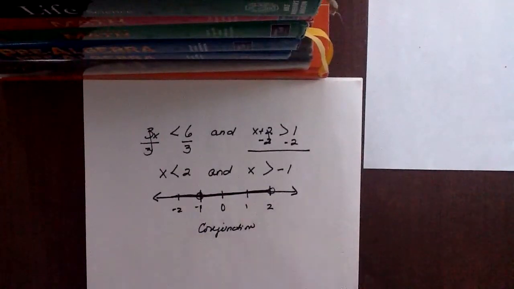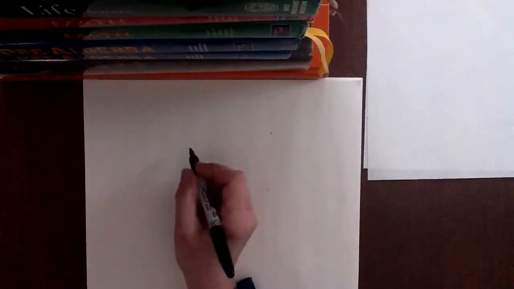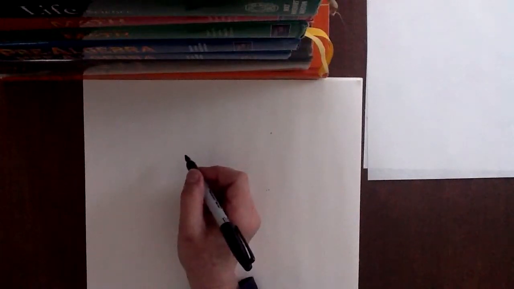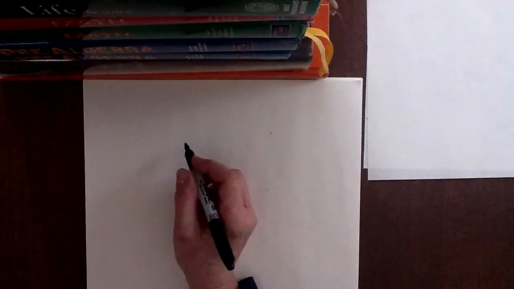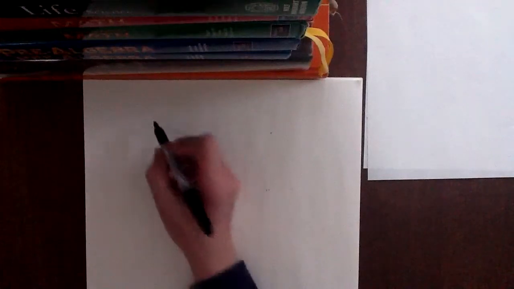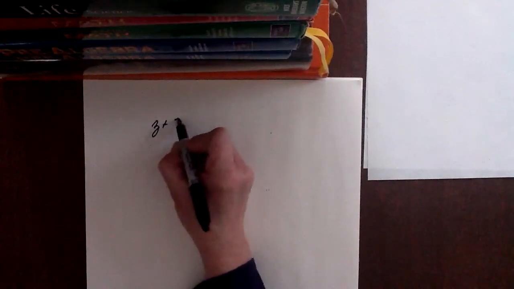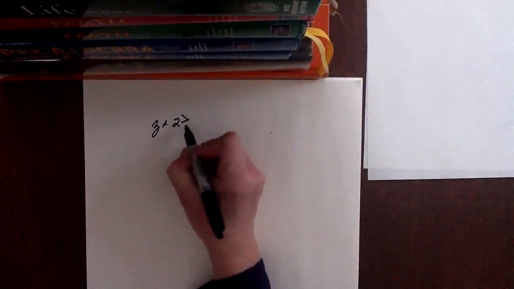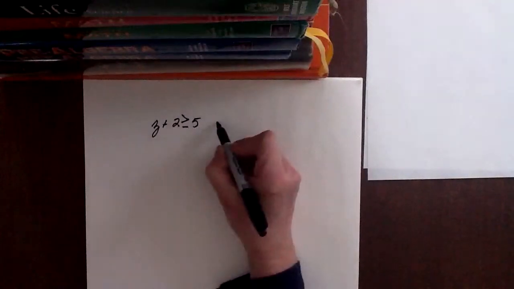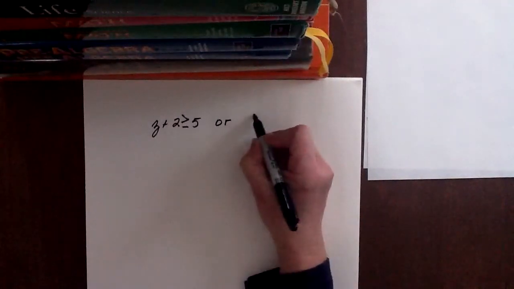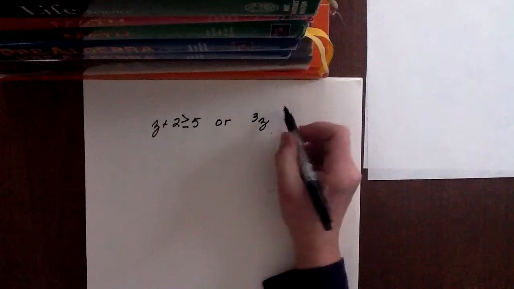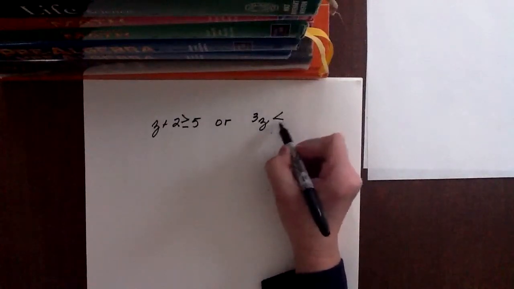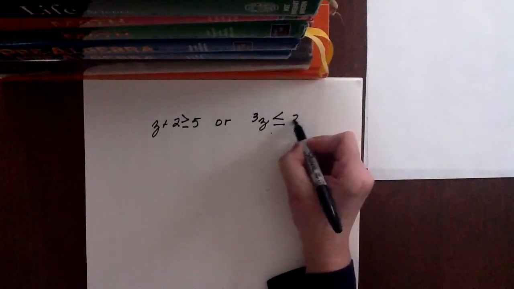Now, a disjunction is basically two things where the word "or" is being used. So let's take a mathematical example: z plus 2 is greater than or equal to 5, or 3z is less than or equal to 3.